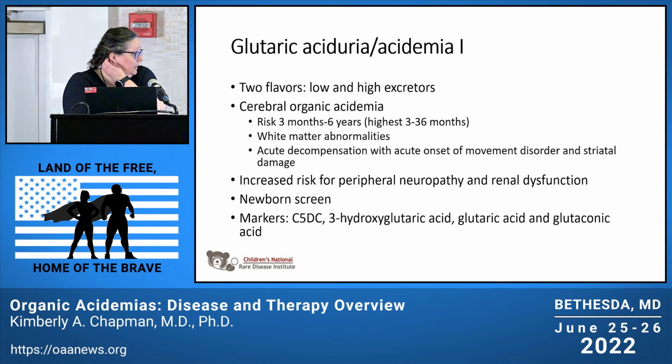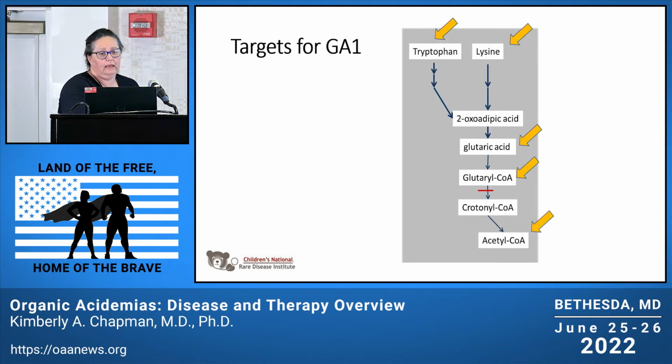This is a newborn screening disorder, and that's the predominant way in the United States that we identify it, but confirmation can be very difficult with the low excretors, and then the markers are C5DC, 3-hydroxyglutaric acid, and glutaconic acid. And here is the target for this particular thing.